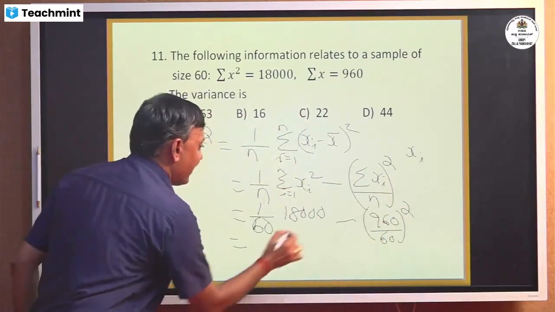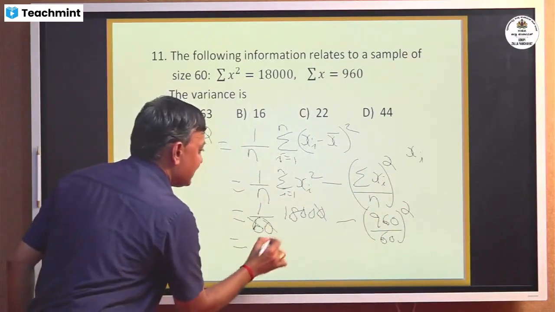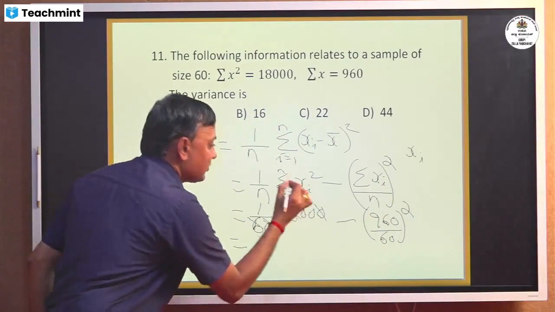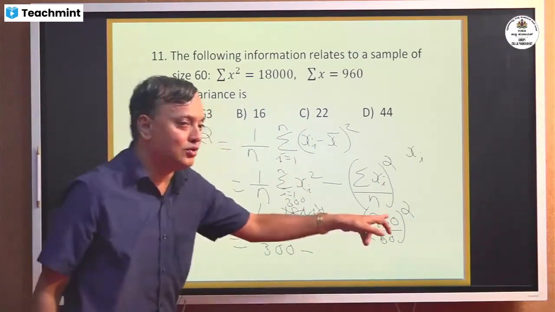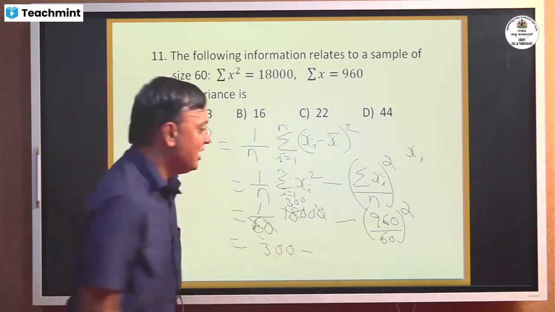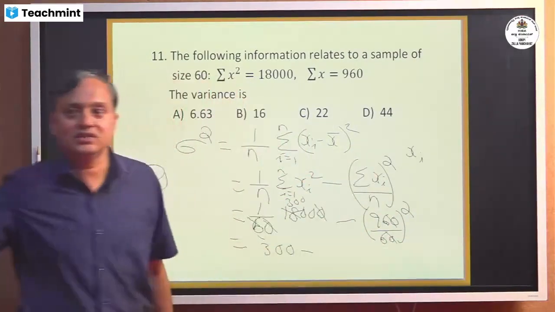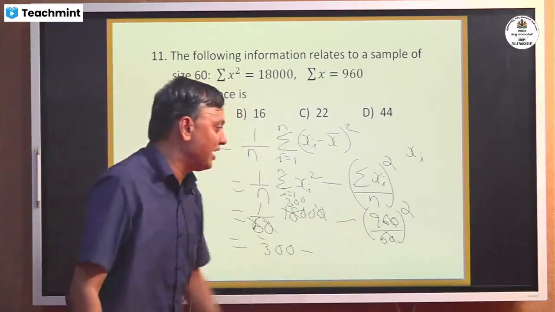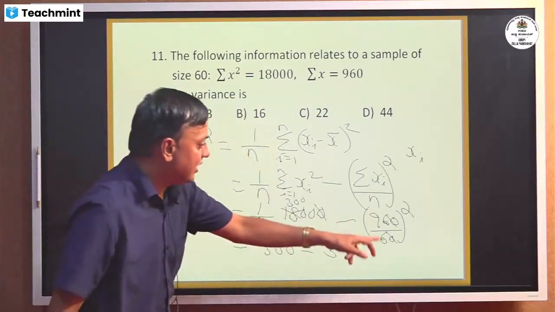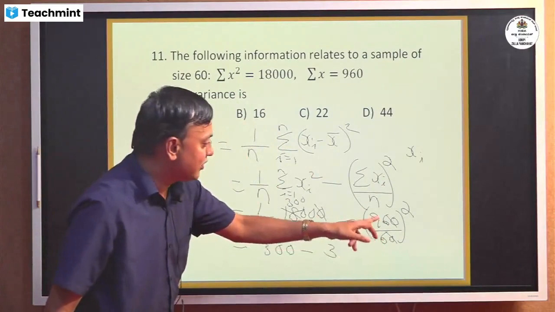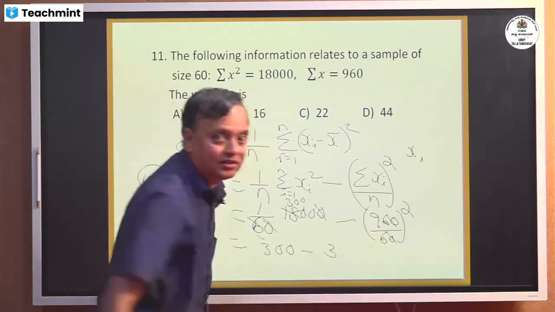Simplify: 6 ones are 6, so this becomes 300 minus. Here don't cancel 60 by 60, only eliminate the 0, then 96 by 6 is 16.